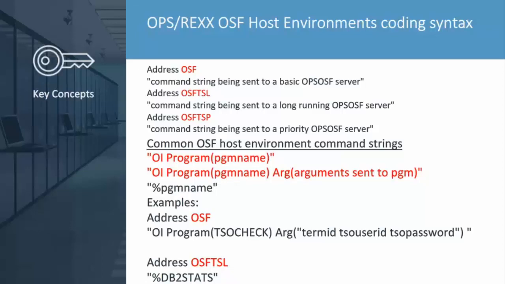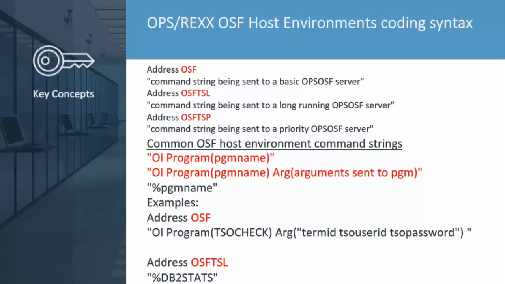Like all host environment commands, the command string sent to the OSF host environment will be contained in quotes. The most common command string used within your Ops MVS rules will include the invocation of the OI or OPSIMAX module, which creates the actual OPSREX environment in the server, along with the actual program name and any arguments that are being passed to the program.